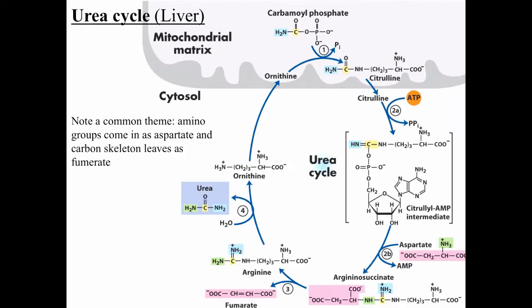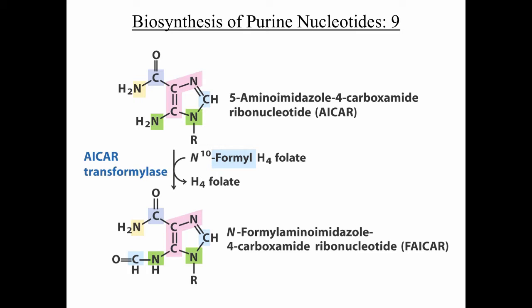Yeah, the urea cycle. So if you guys remember, in the urea cycle, the citrulline is going to react with aspartate, making arginosuccinate, and then fumarate is going to leave. So that's the carbon skeleton of aspartate leaving that amino group behind, forming arginine. So this is just a common theme that is present both in the urea cycle as well as nucleotide biosynthesis.